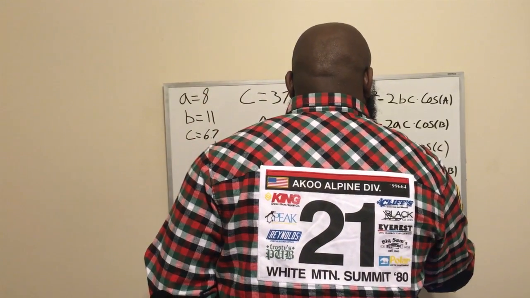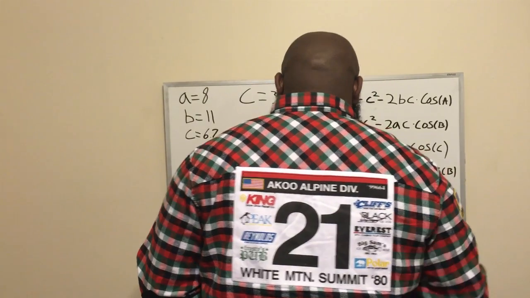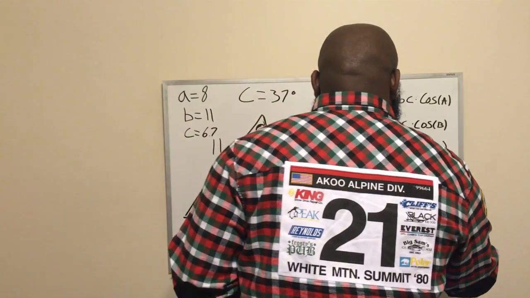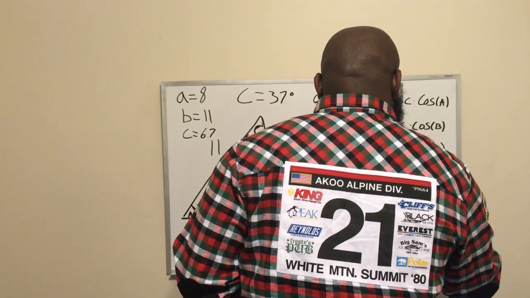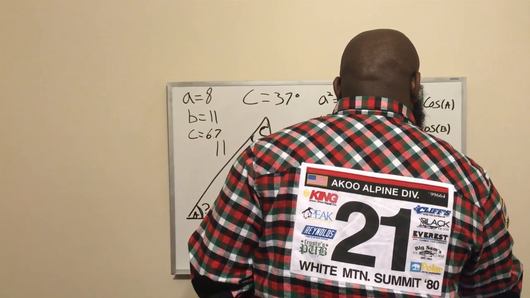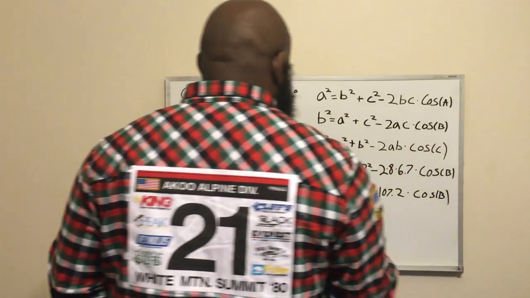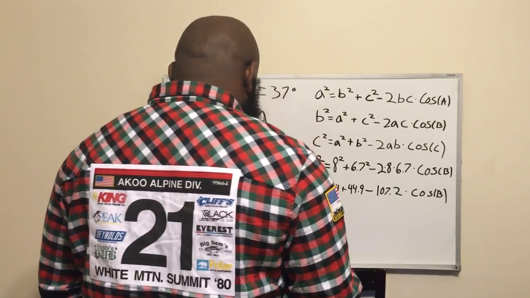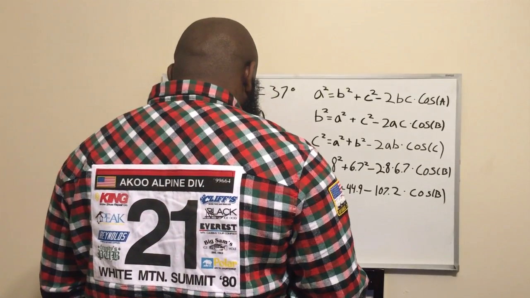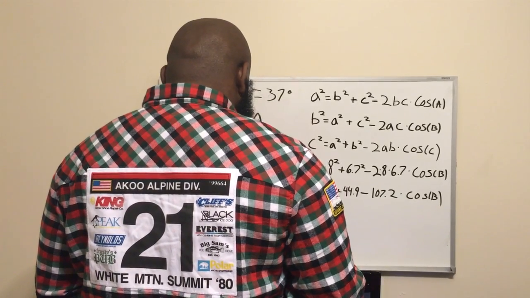That's 44.9, minus 2 times 8 times 6.7, which is 107.2, times cosine B. We want to get rid of all this. 64 plus 44.9 is 108.9.